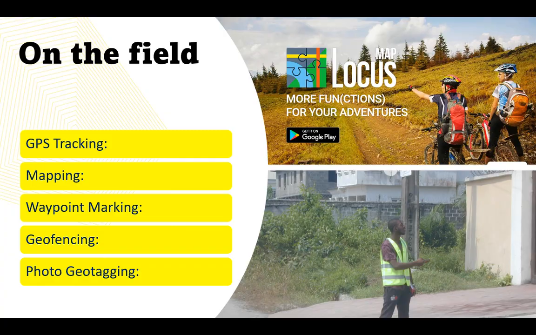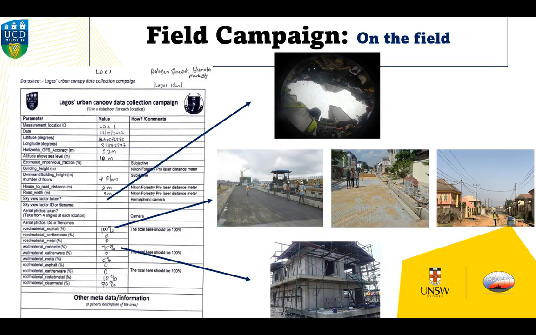We take measurements of the basic urban canopy parameters: the building height, the road width, and the sky view factor, and we observe the materials of the urban fractions, the bricks and the asphalt roads.